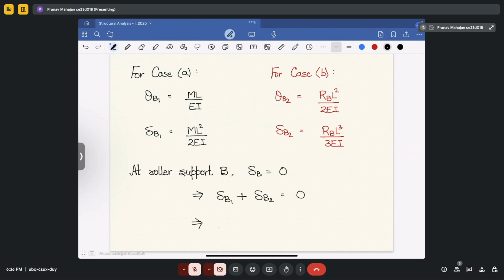This will make it ML square divided by 2EI plus RB L cube divided by 3EI equal to 0. Now in this case, what is unknown to you? Unknown is RB.